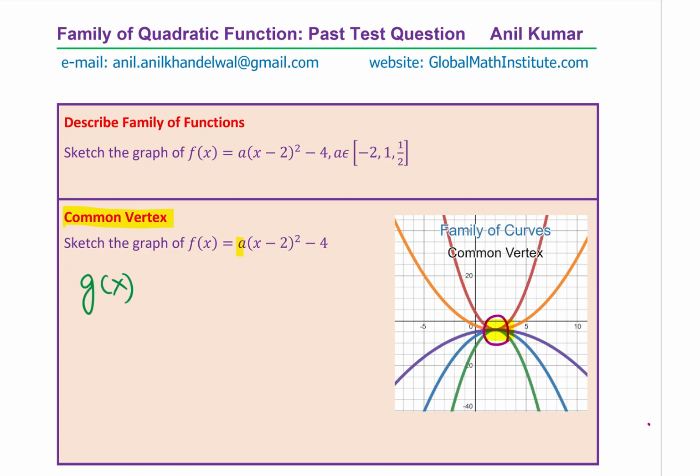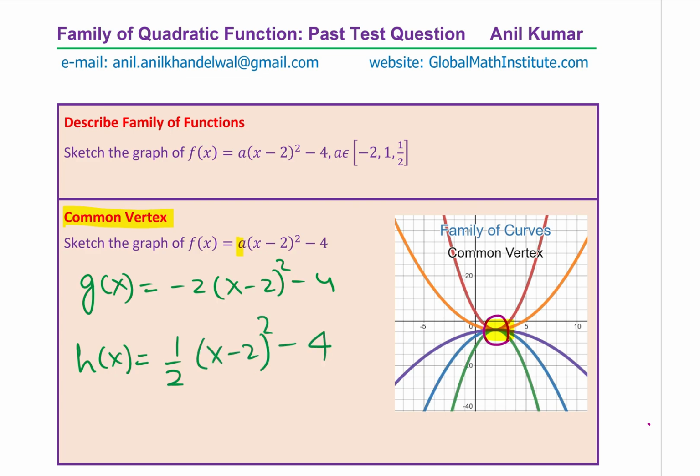For example, with g(x), we wrote −2(x − 2)² − 4. With 1, we already have a value. Let's say h(x) is 1/2 (x − 2)² − 4. To sketch these graphs, you can find the y-intercepts and 2 more points, right? So let's say we'll find 3 more points.